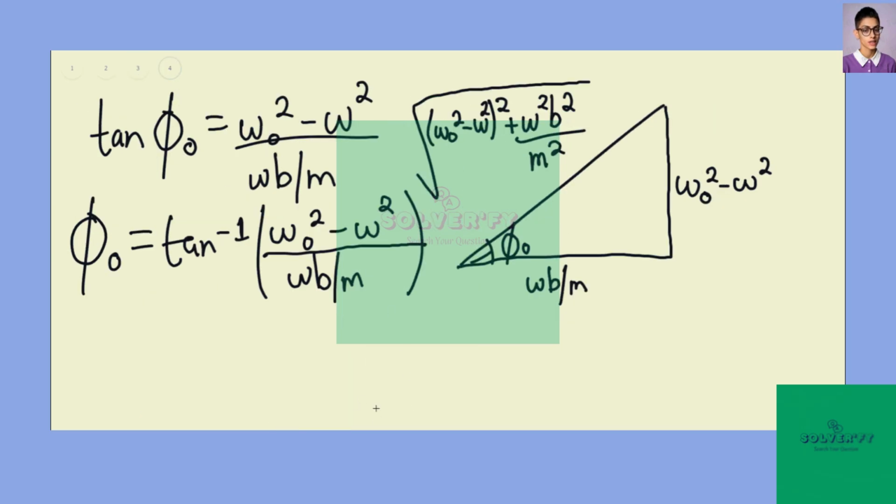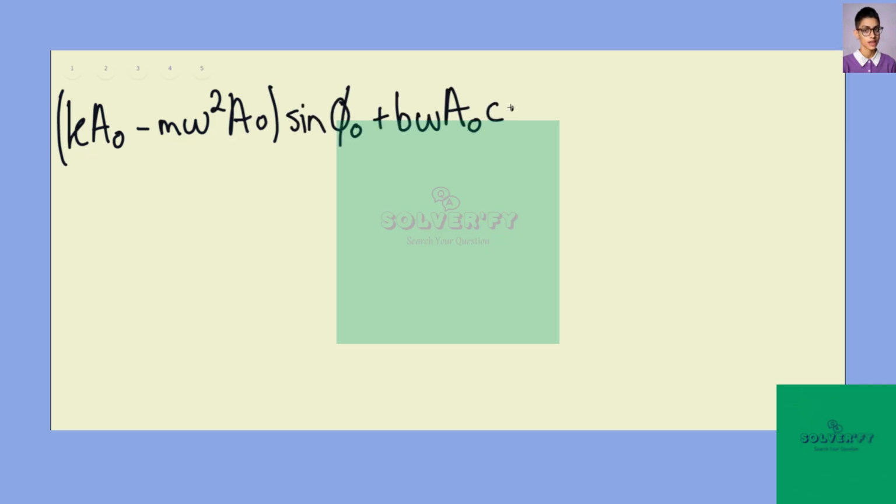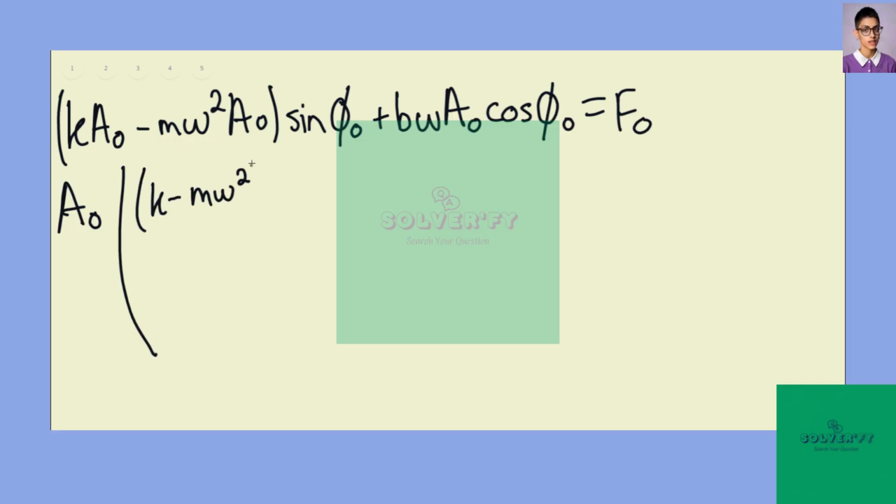So let's get a new workbook and say that k A naught minus m omega squared A naught times sine of phi plus b omega A naught cosine of phi, and this equals the force. So at this point we can say A naught times k minus m omega squared, and then this will be times omega naught squared minus omega squared.